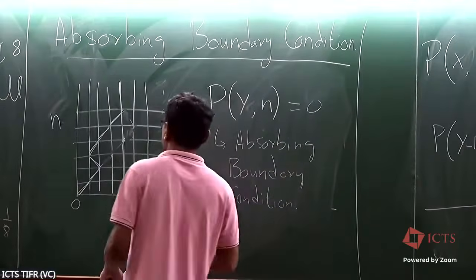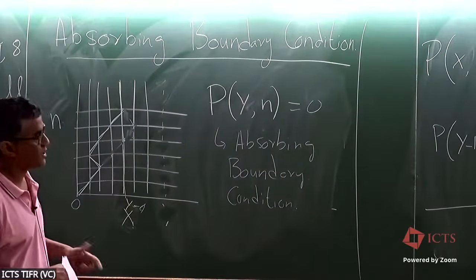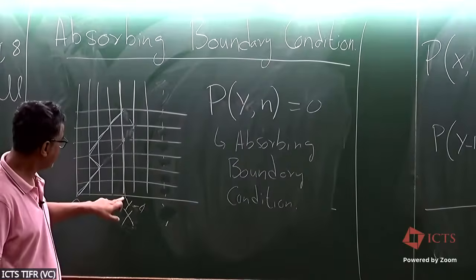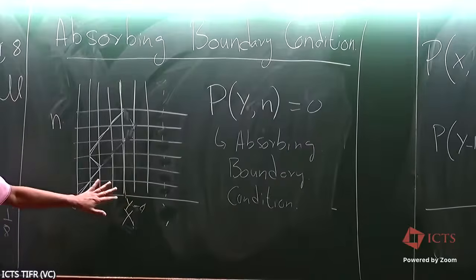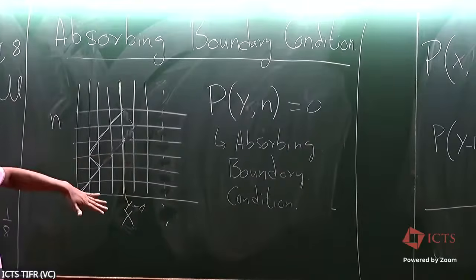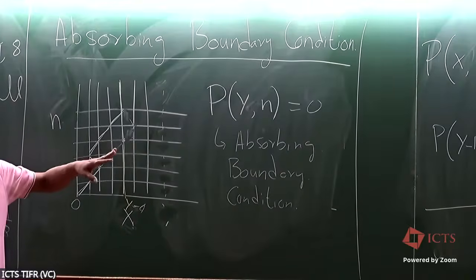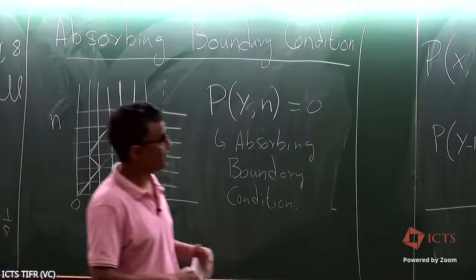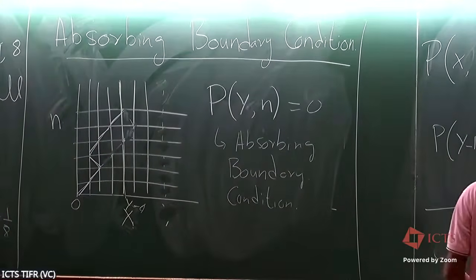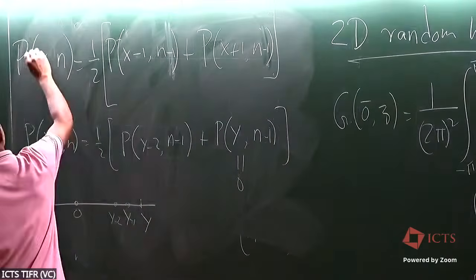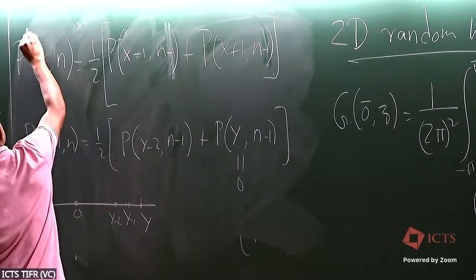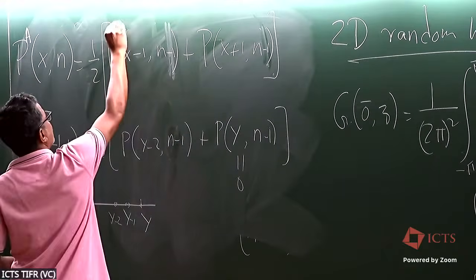Finally, of course, we are interested in finding the probability that it should arrive at this site. The way to do it is to solve this problem with this boundary condition. I'll use some different notation. We are again solving the same equation, but I'll call it the solution of this equation with absorbing boundaries.